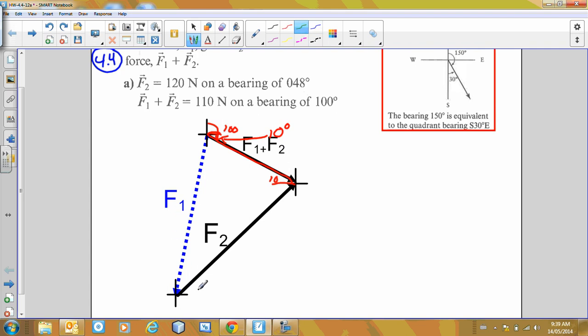Same sort of thing down here. I have a 48-degree angle across to there. But again, that's not actually in my triangle. You can see that with the blue line here. It doesn't quite come straight down on the north.